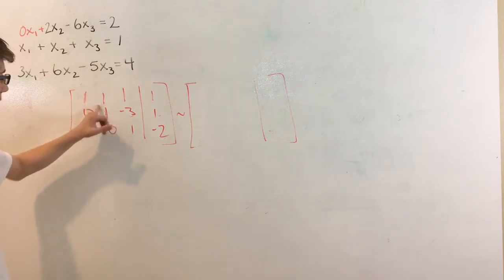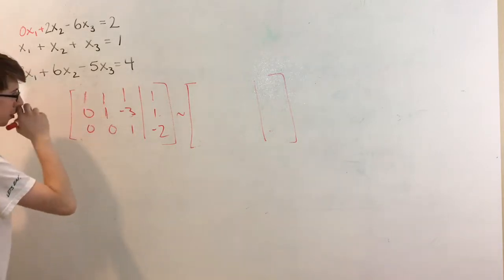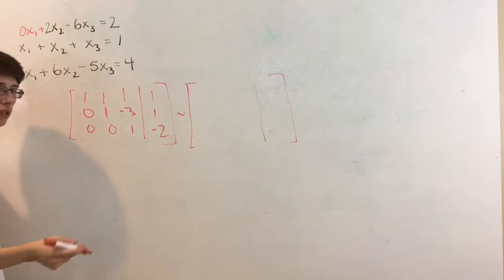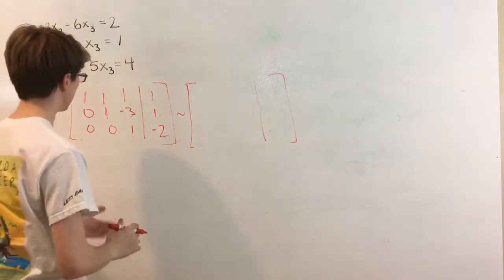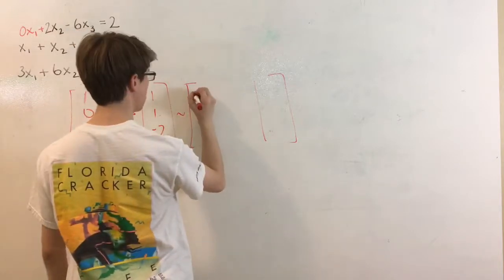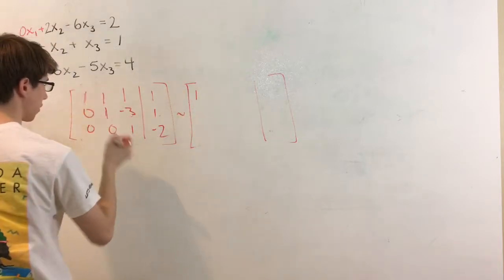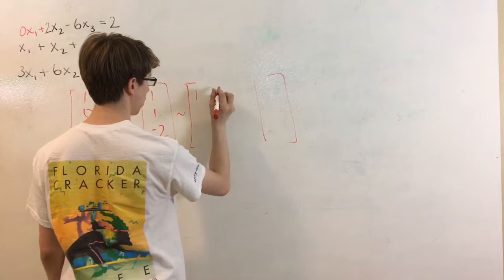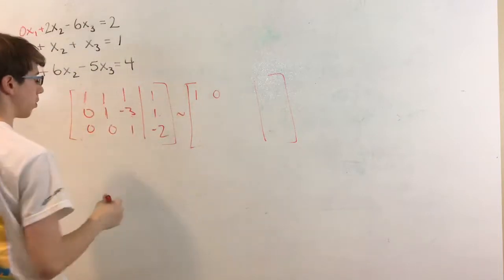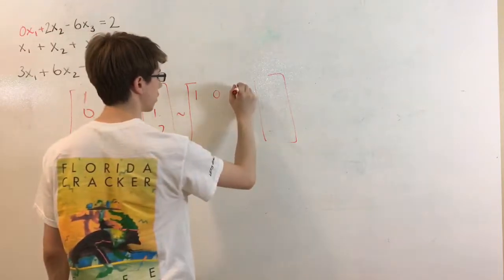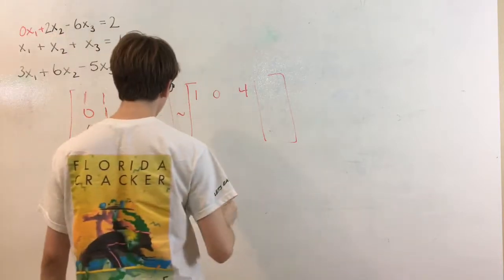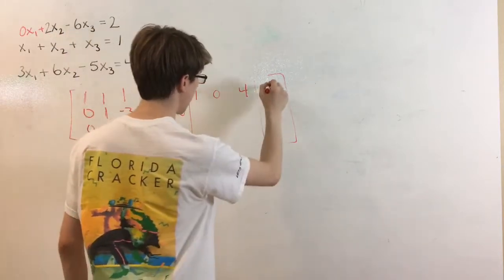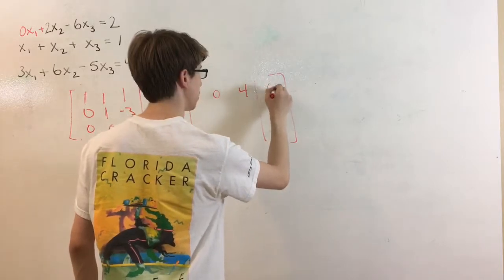Here, we need to make this a pivot column, and how can we do that? Well, we can do row 1 minus row 2, or basically row 1 plus -1 times row 2. So that's 1 plus -1 times 0, so that's 1. 1 plus -1 times 1 is 0. And then that's 1 plus -1 times 3, so that is 4. 1 plus -1 times 1, and that is 0.